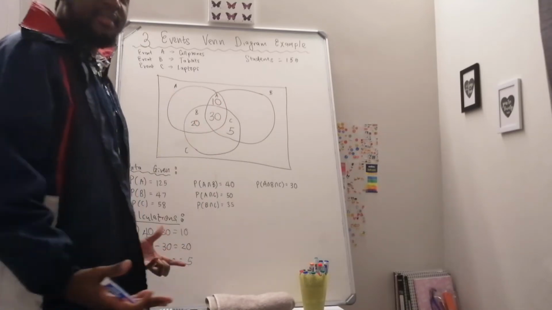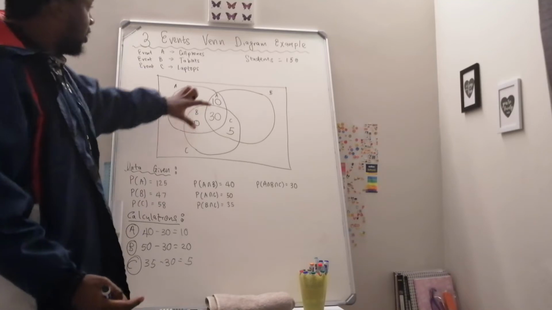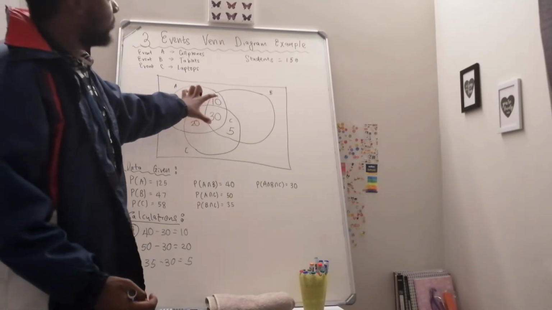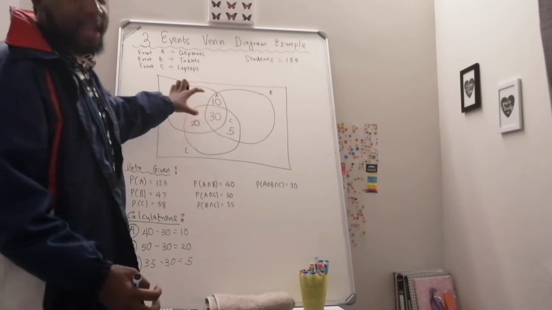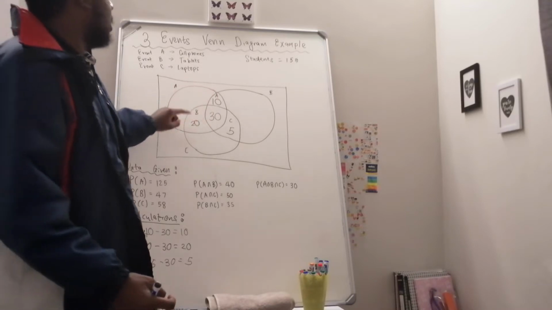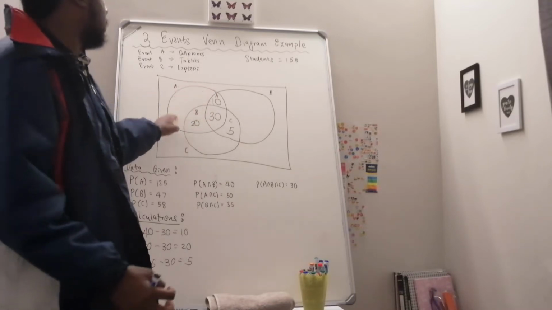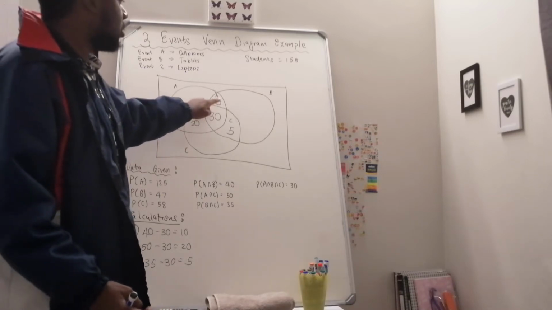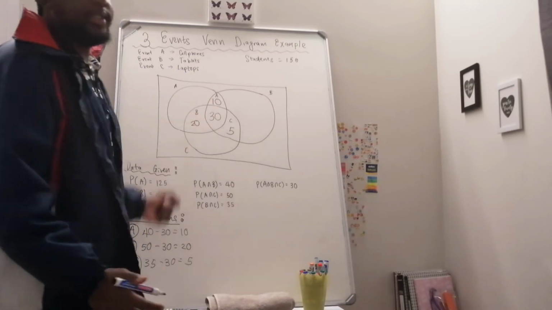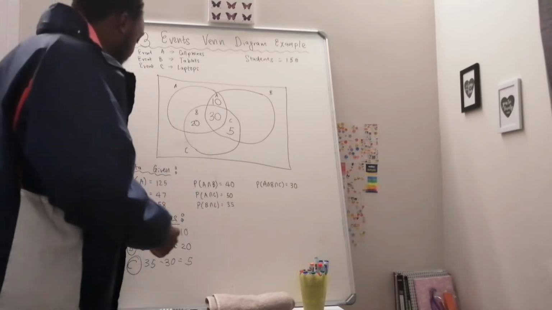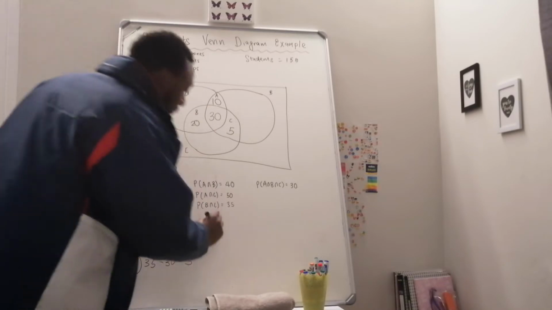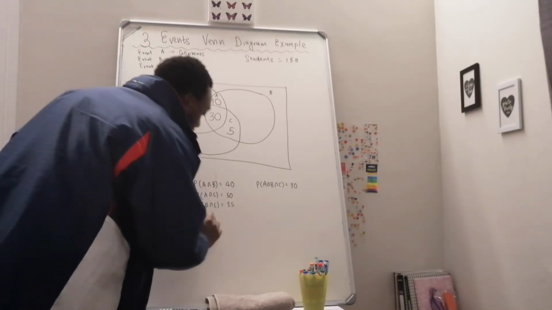What else can we find? Remember, we're given the total probability of A. If I'm trying to find this big area here, I just need to subtract from the total the 10, 30, and 20. I'll call this area D and reference it down here.